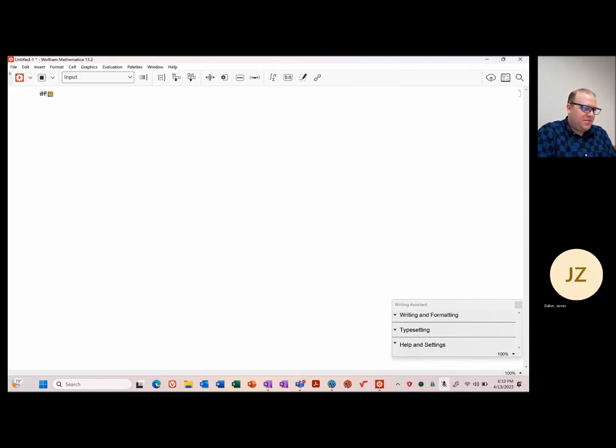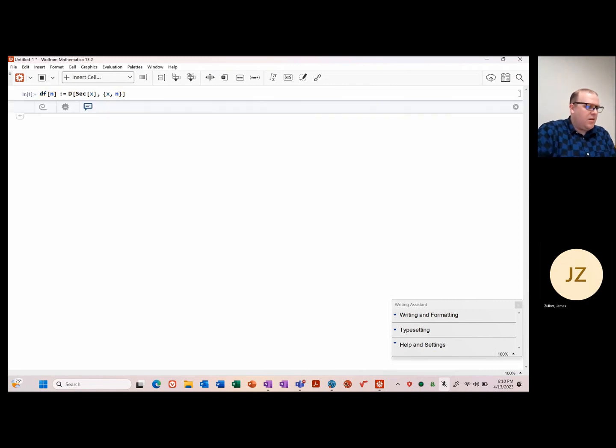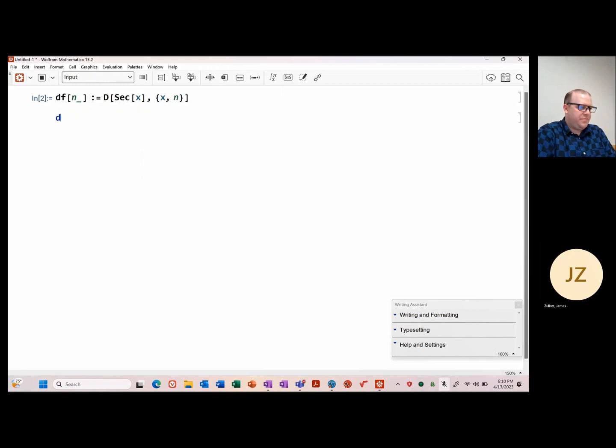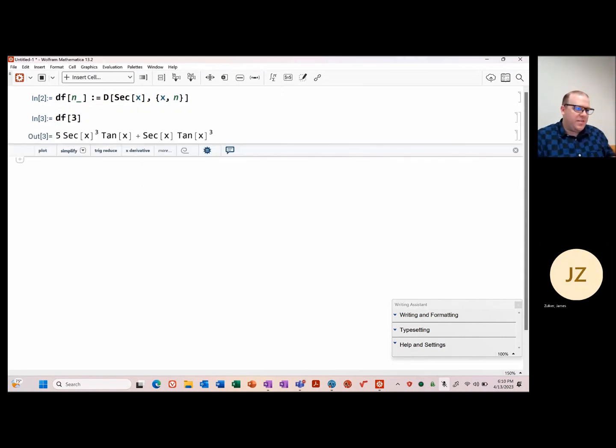It's df. Will this work if I just do this? Derivative of secant x. Oh, wait, I need the underscore. There we go. And it's a third derivative. That's the form I want.